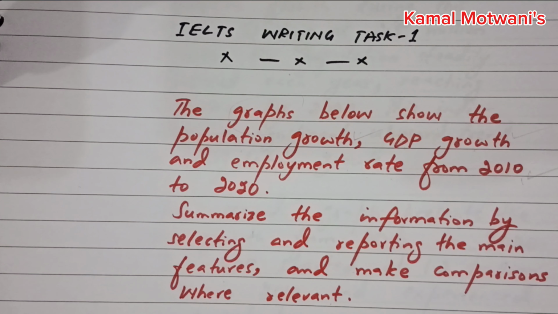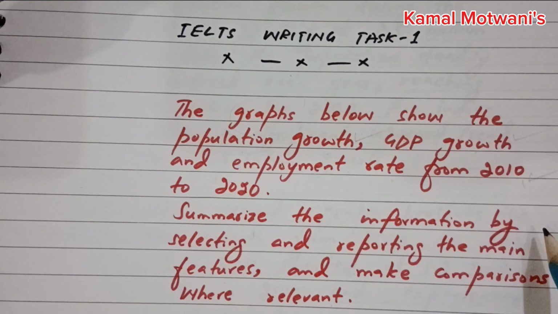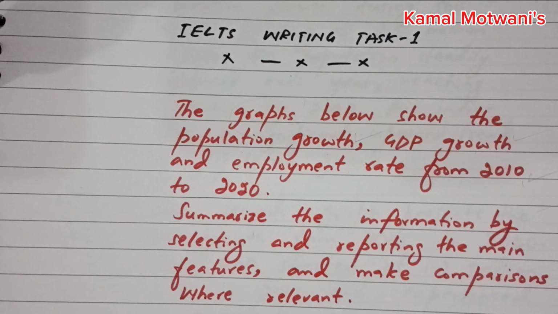So let's see what are the graphs that are shown or given by the examiner pertaining to these variables, and how do we write them in the paragraph format or in the report format. These are the three graphs given by the examiner.